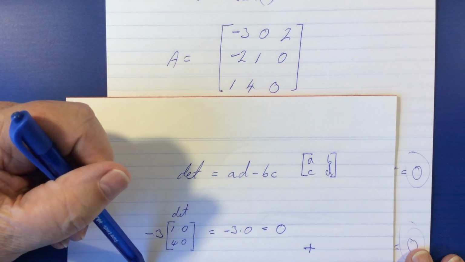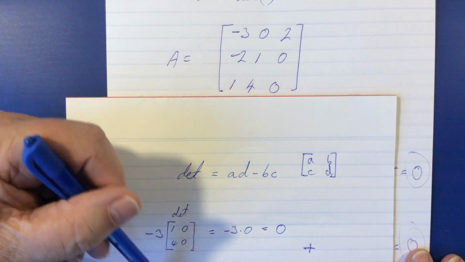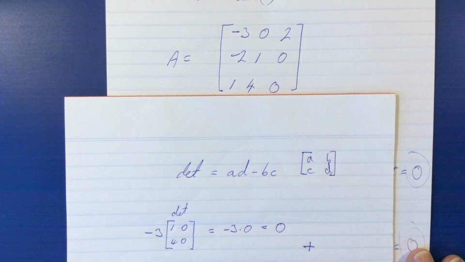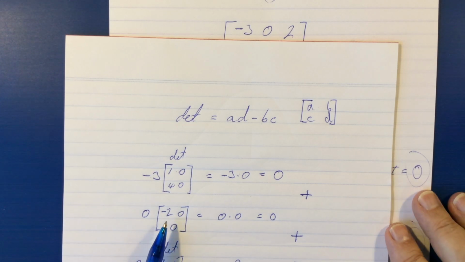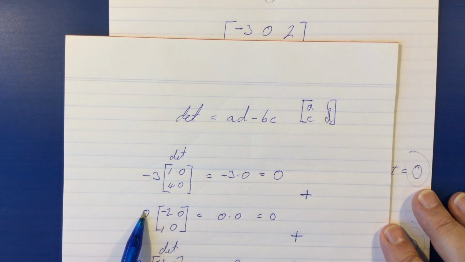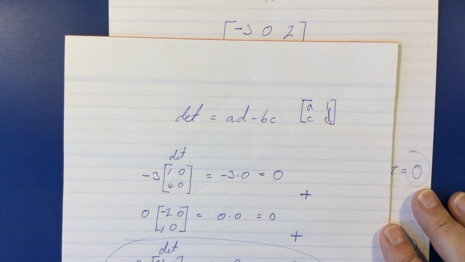To that, we add the determinant of this matrix, which is M1, 2, from the previous bit of working. We multiply that by 0 and we get 0. So we have 2 zeros. So really, the determinant effectively will be this. So what have we got here?